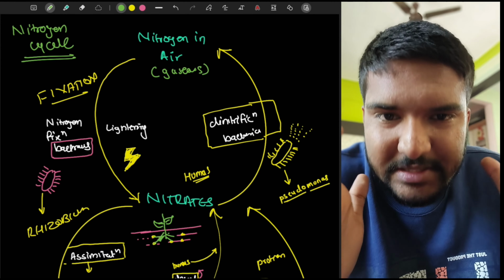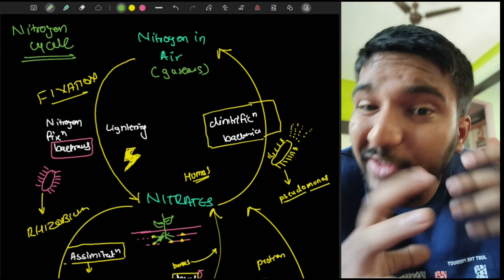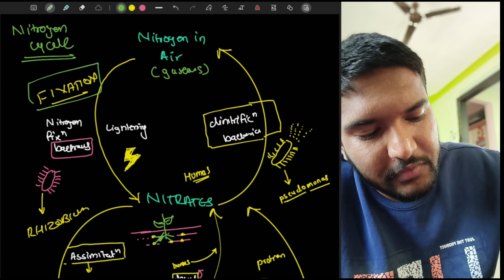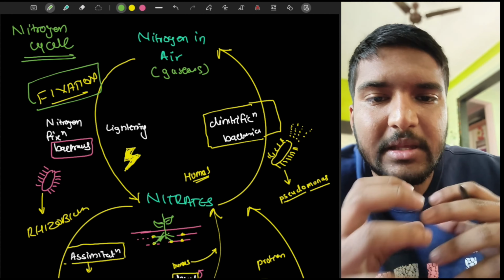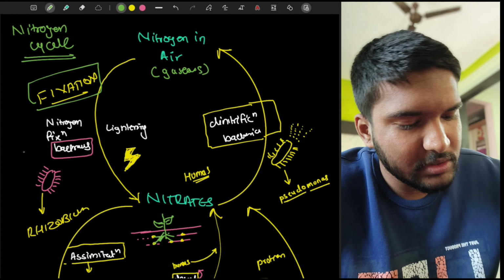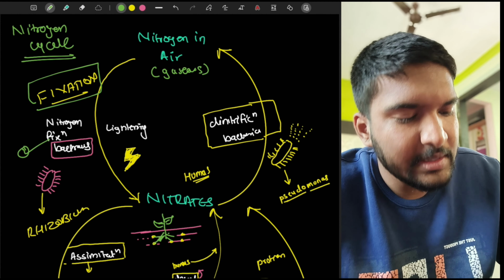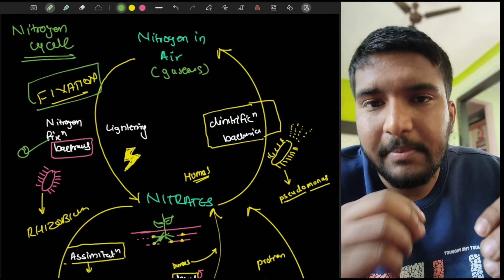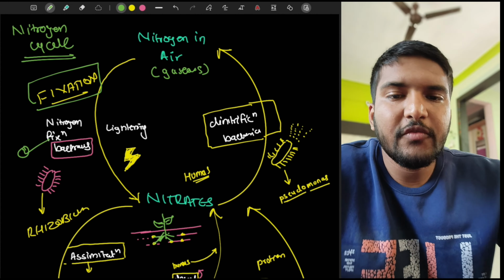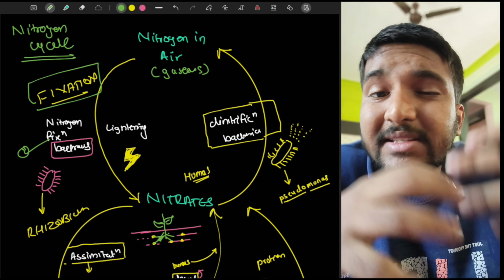There is something called fixation. So nitrogen gets fixated. That is why we call this process nitrogen fixation. This happens with the help of some bacteria called nitrogen fixation bacteria. Nitrogen fixation bacteria help in fixating gaseous nitrogen into its compounds.